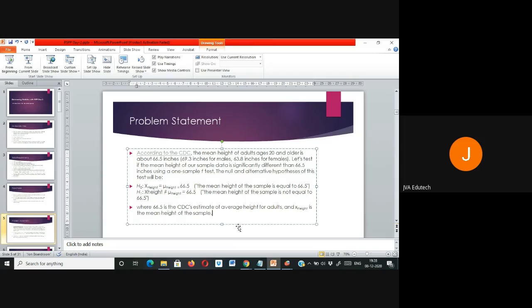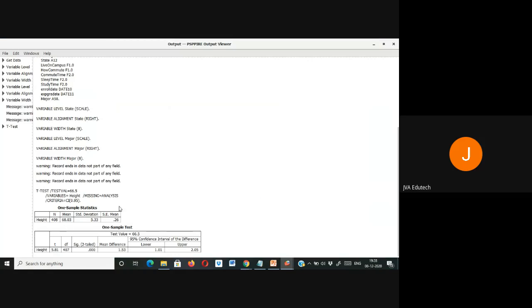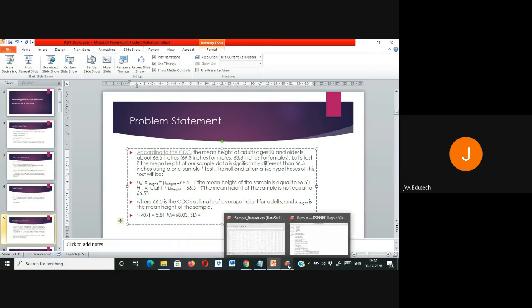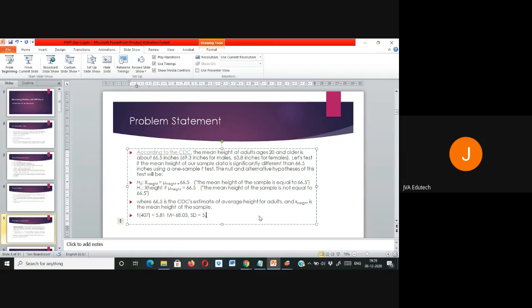The proper style of reporting a t test is: small t, degree of freedom 407, is equal to 5.81, mean is equal to, what was our mean value? 68.03, standard deviation is equal to, because you have to tell about the deviations from your mean value, 5.33.